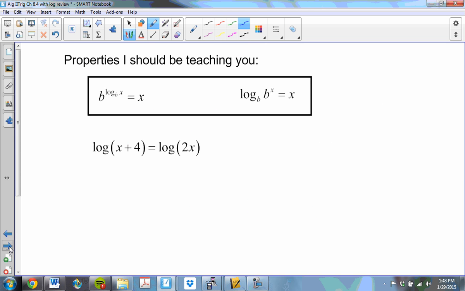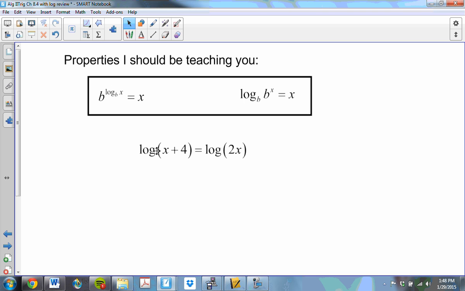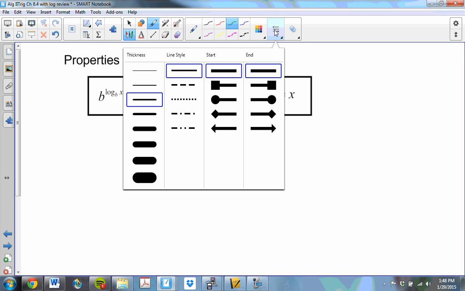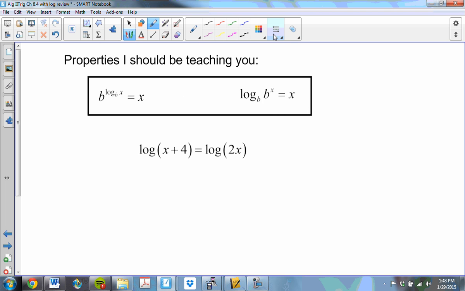The way that the book would have you handle problems like this, excuse that problem. Remember, these are both base 10. There's a property of logs that says if I took 10 to the log base 10 of x plus 4, that would just equal x plus 4.